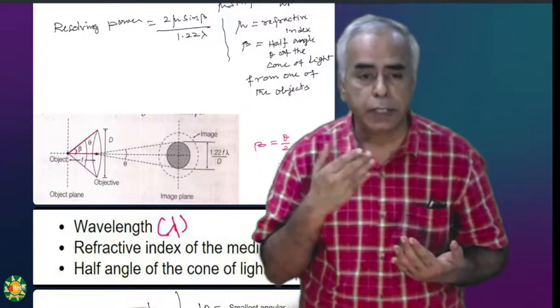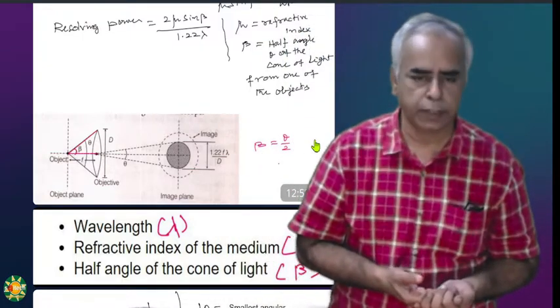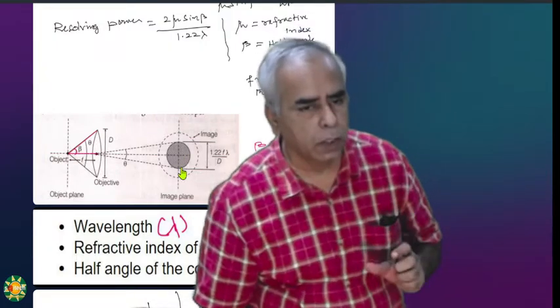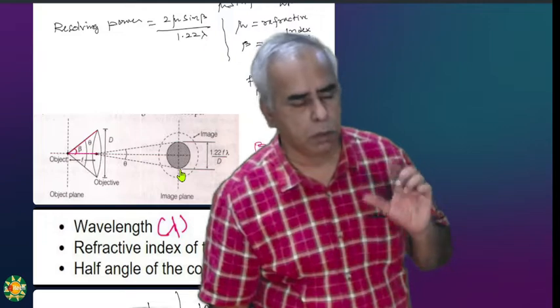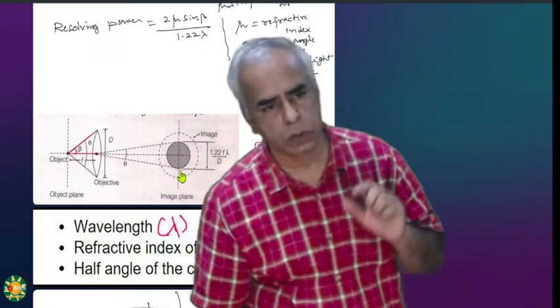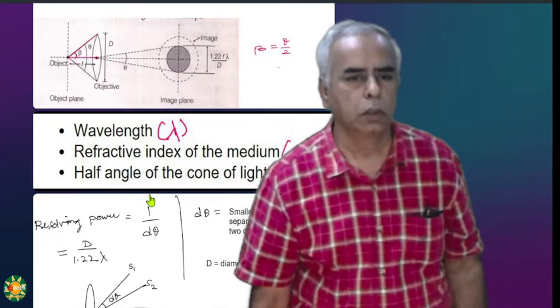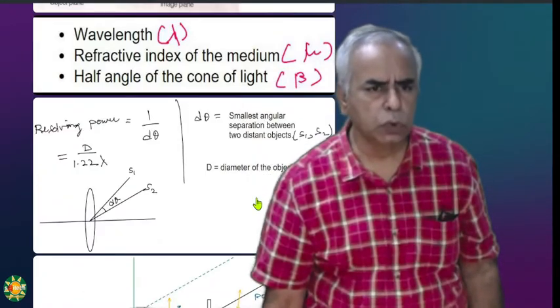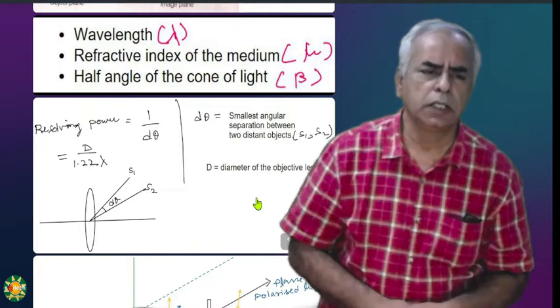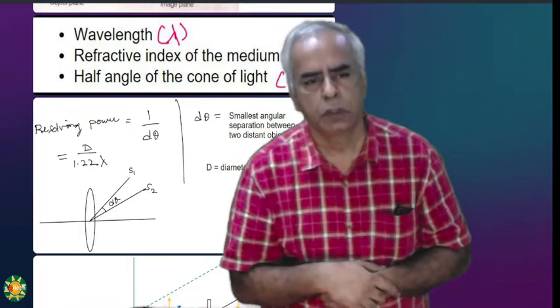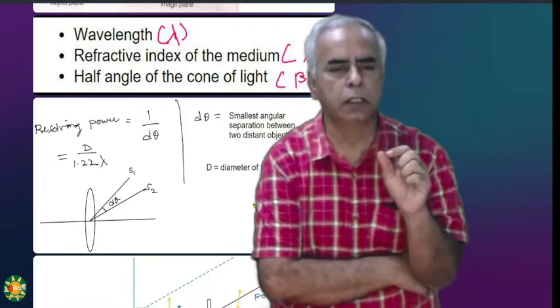The refractive index of the medium, given by mu, is also very significant. Then the half angle of the cone of light is given as beta.